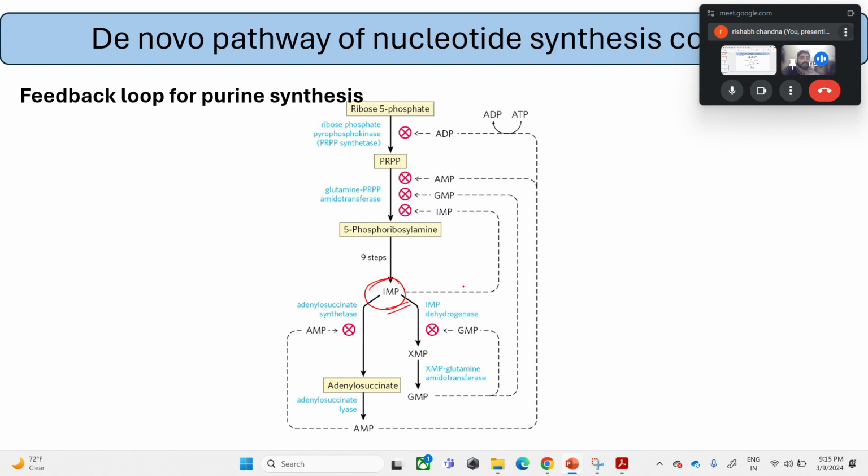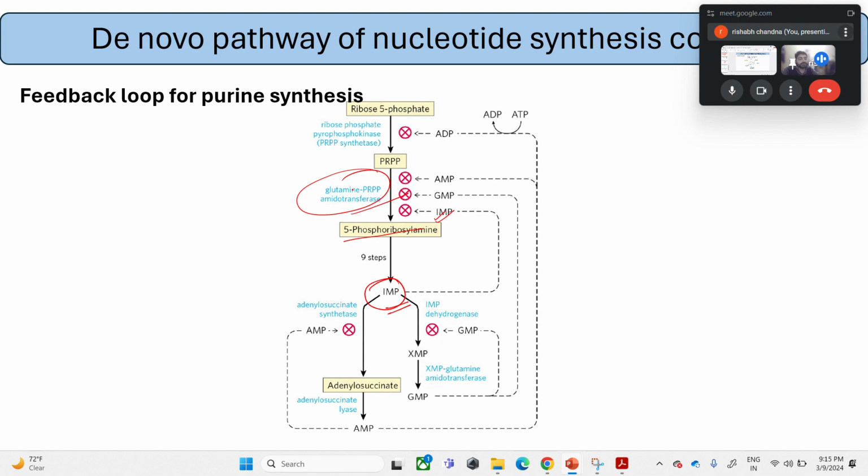When IMP is high in amount, it basically inhibits glutamine PRPP amidotransferase, which leads to formation of 5-phosphoribosylamine. That is the first or the second step. Okay, now this IMP leads to the formation of AMP and GMP.